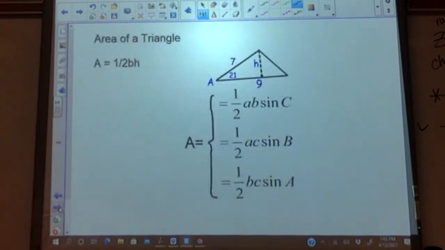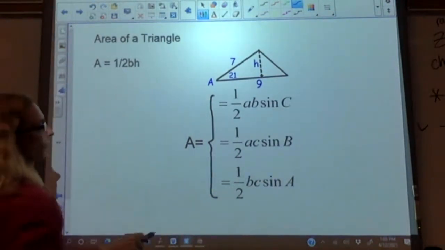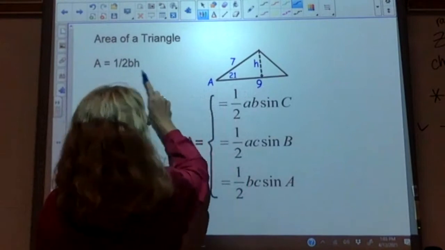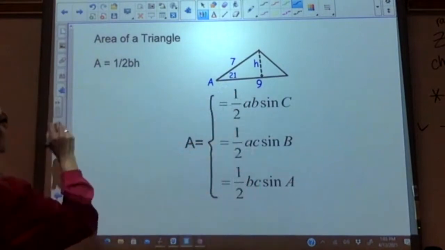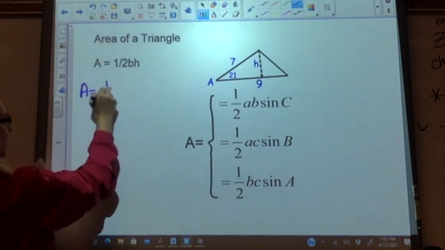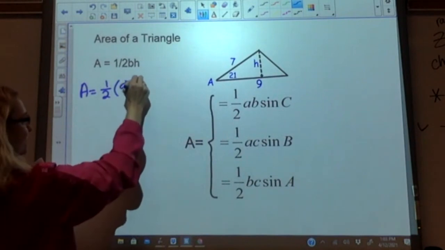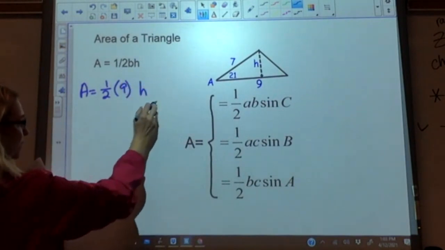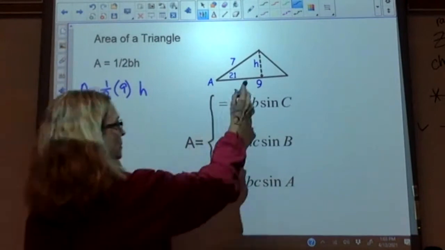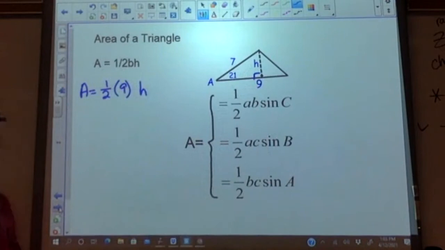Okay. Now, we can also use the sine function to find the area of a triangle. We know the formula for the area of a triangle is 1/2 base times height. So if I were using this formula for this problem, then I would do A equals 1/2, and the base is 9, and then I've got to find h, the height. If I drop this perpendicular down, that makes this triangle a right triangle.